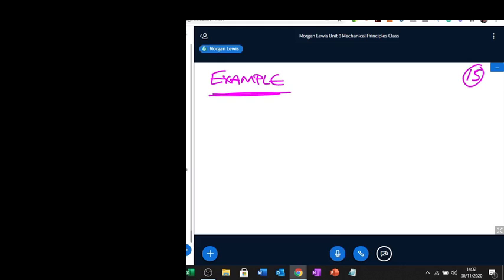Let's just say we've got this metal bar or something. Here's my metal bar. Diameter is 10 millimeters. It's got, I don't know, a force coming this way: 17 kilonewtons.